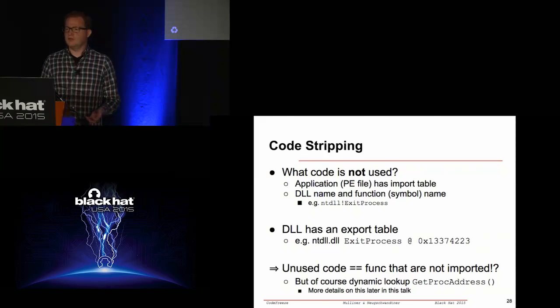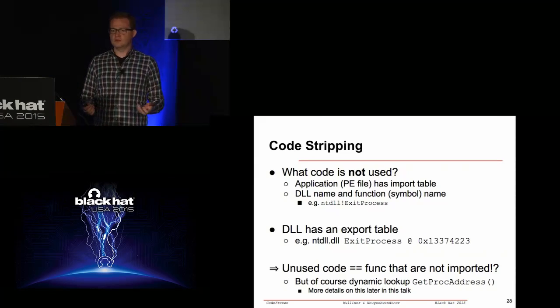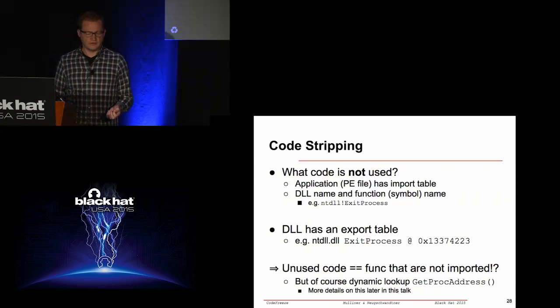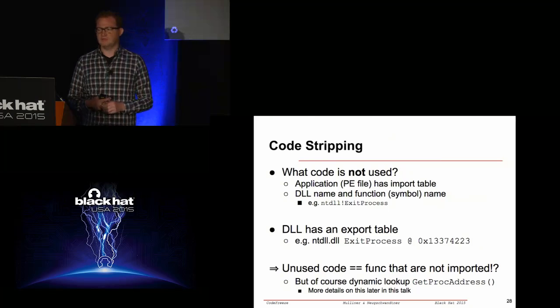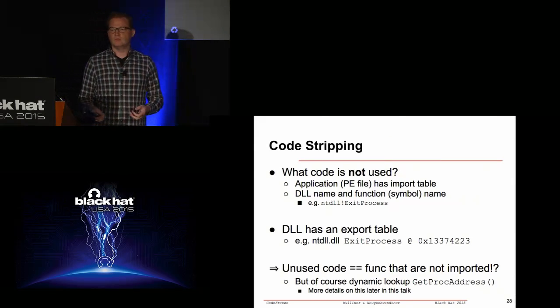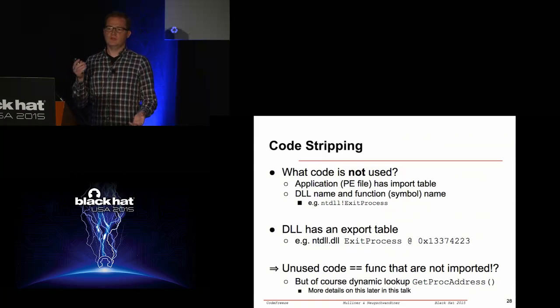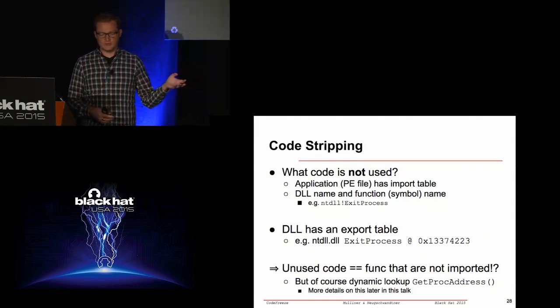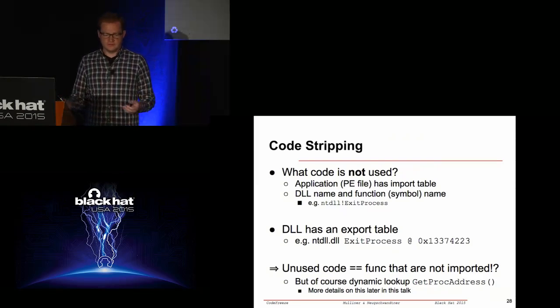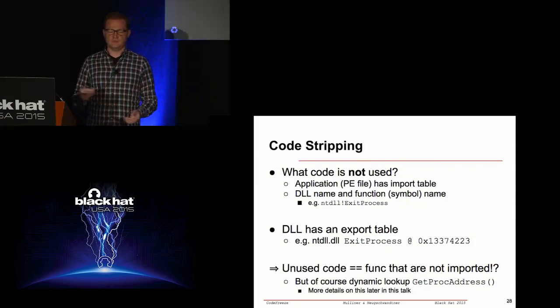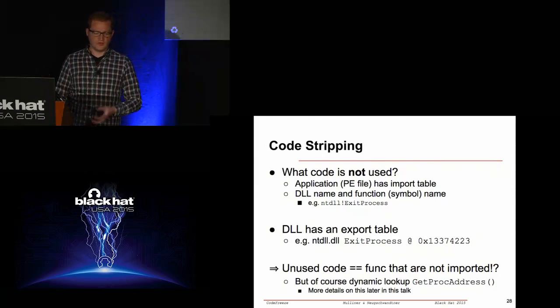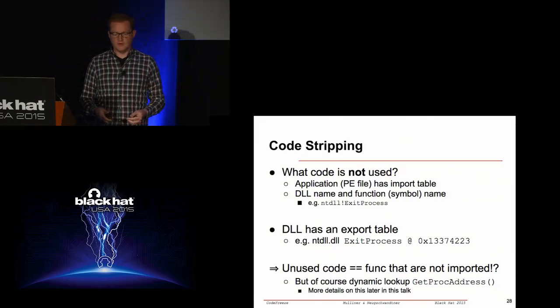So if you want to remove code that is not used, you first have to find out what code is actually used by an application. Applications or PE files have an import table. You say we use this function from this library and that function from that library. And obviously DLLs have export tables where they say I have this function at this address in the file.